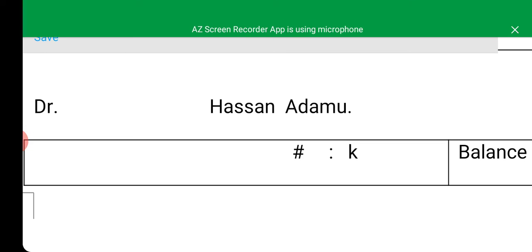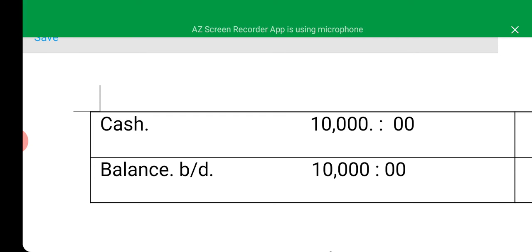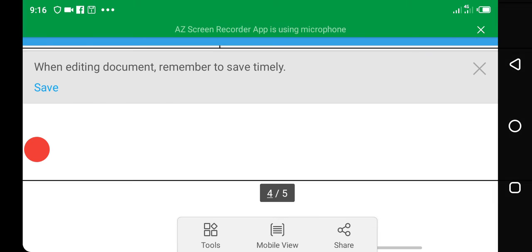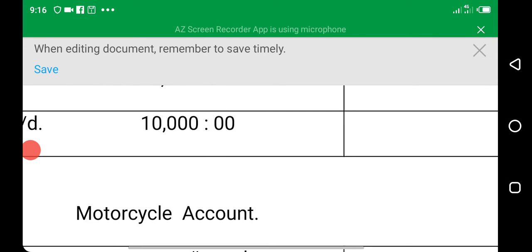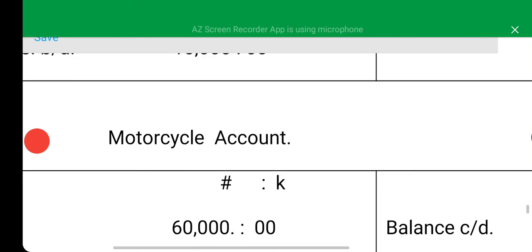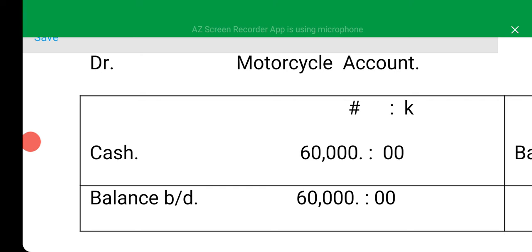The next one is that of Azan Adamu. Azan Adamu is going to be debited as well as cash, and we have it as the balance carried down, and this will be the balance brought down for the month as well. Then motorcycle account, from the credit side of the cash book, is going to be debited to complete the double entry aspect of it as well.